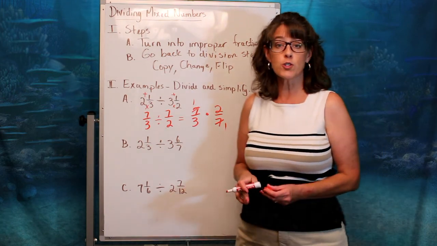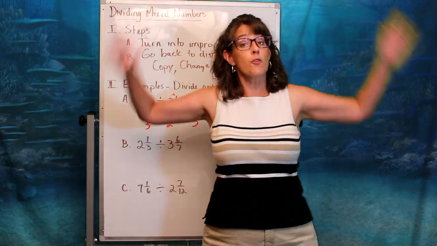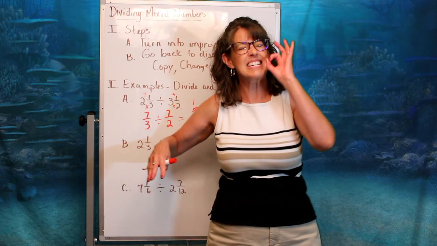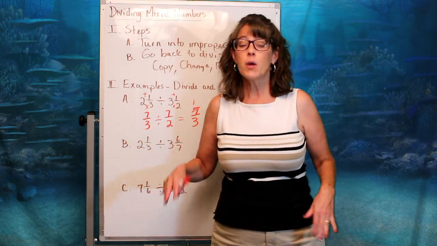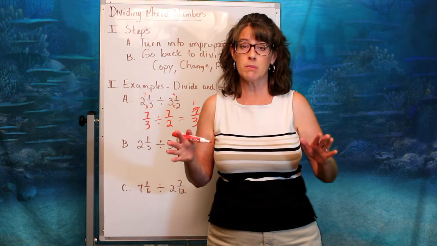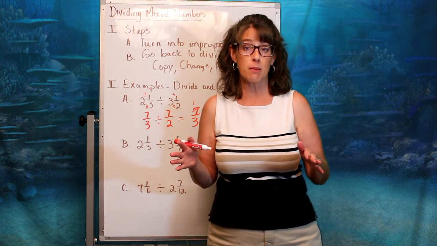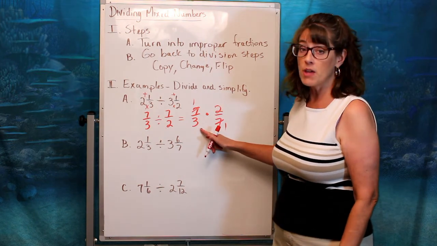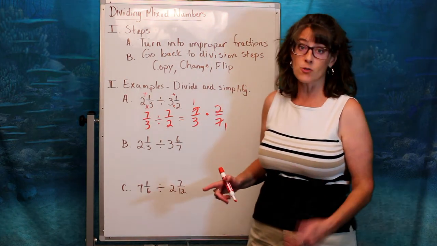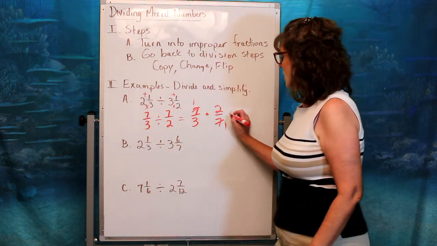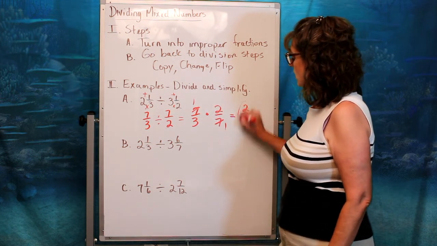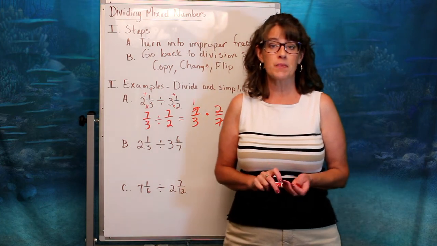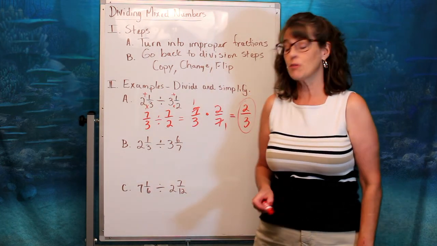Check this diagonal for 2 and 3, nothing will go into those. But don't forget, always check up and down. 100% guarantee, if you check up and down as well, when you multiply across, it's going to be simplified in the end. You don't even have to think about it. So 1 and 3, nothing cancels. 2 and 1, nothing cancels. I'm ready to shoot straight across. 1 times 2 is 2, and 3 times 1 is 3. There it is. My answer is 2/3. And it's 100% guaranteed that it is simplified.